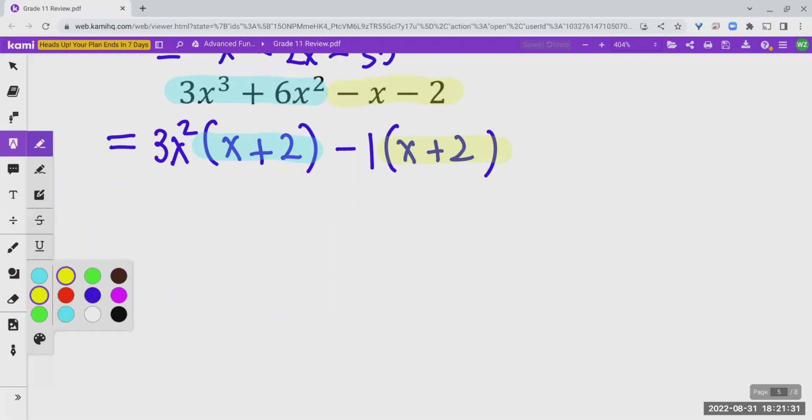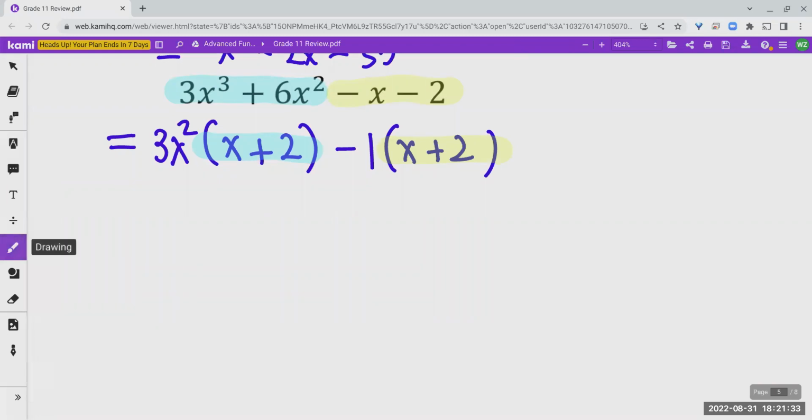Take a look at this. x plus 2, x plus 2. They're the same thing. That is not a coincidence. I expect them to be the same. If they're not the same, you can't do the problem. So factor by grouping only works if after you factor the two groups, you end up with the same thing.